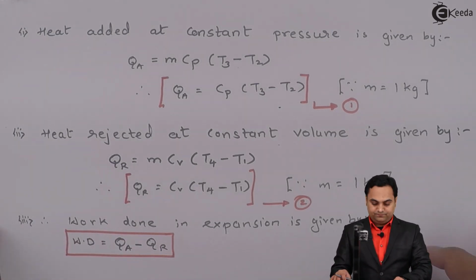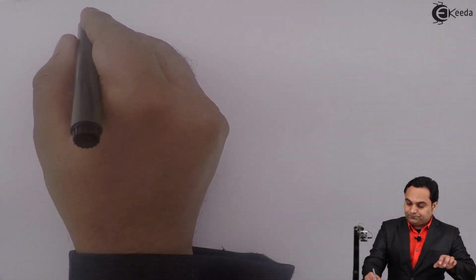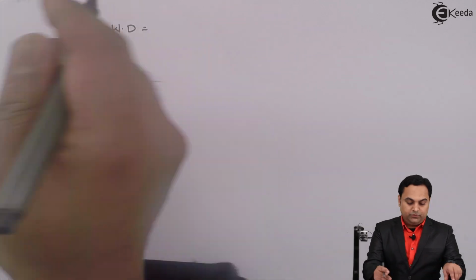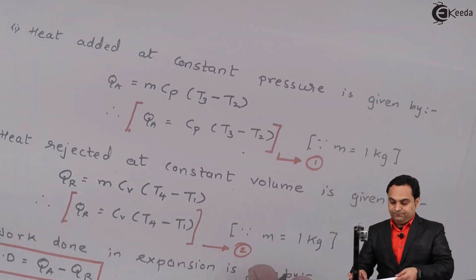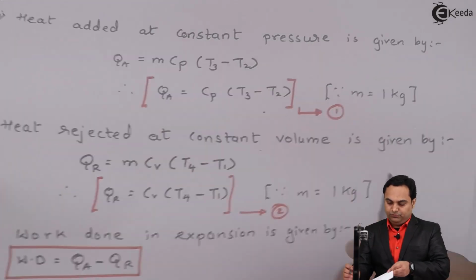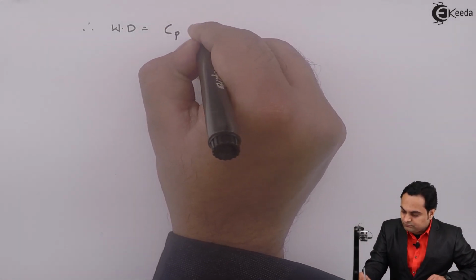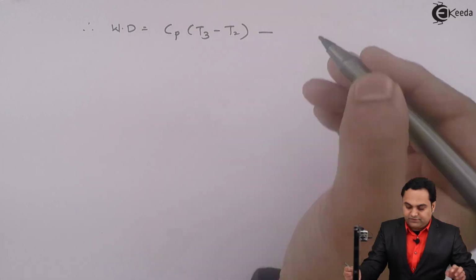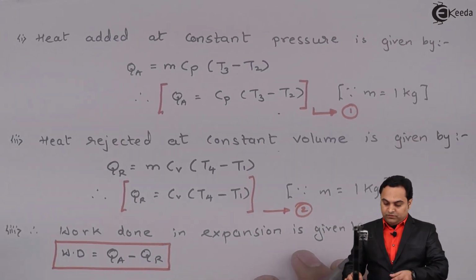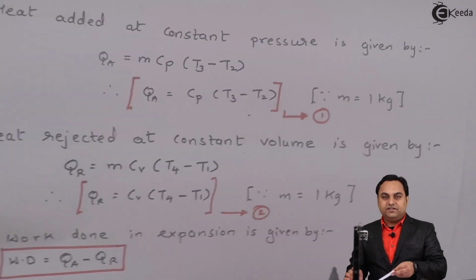So therefore work done will be equal to, now heat added we have written, it was Cp (T3 minus T2), minus heat rejected, it is Cv (T4 minus T1).